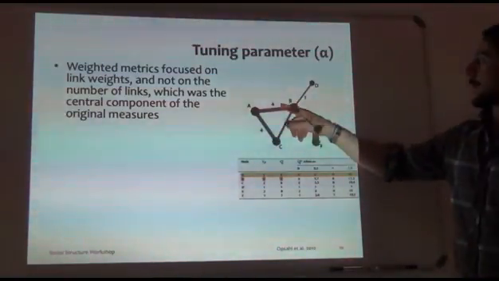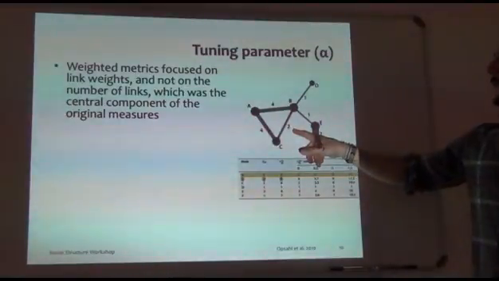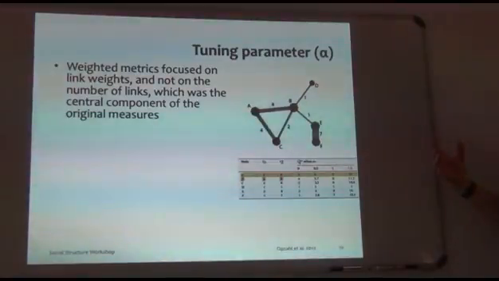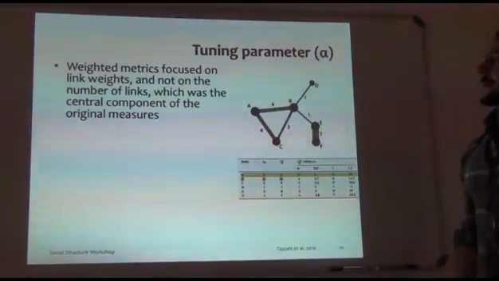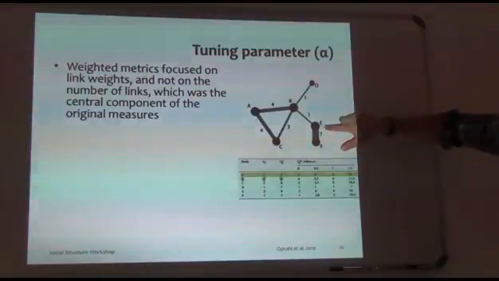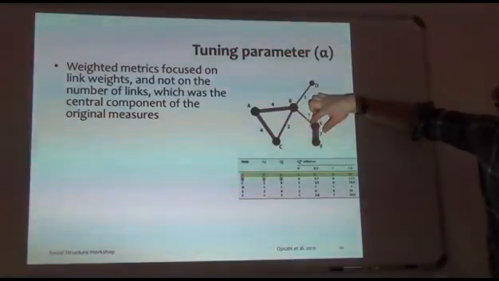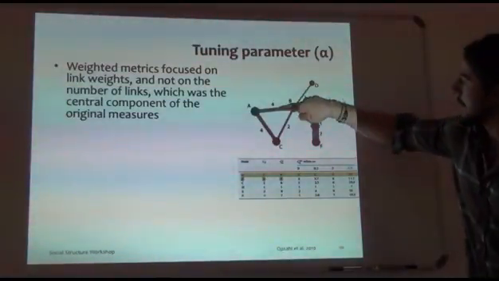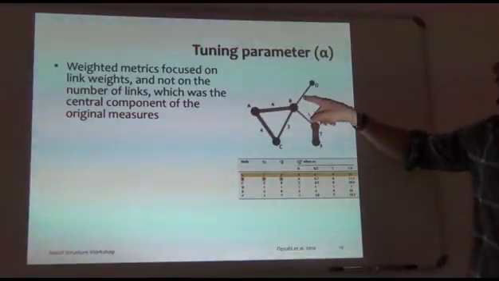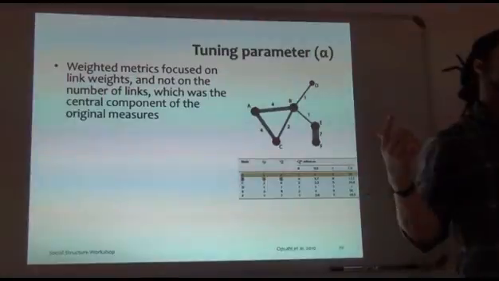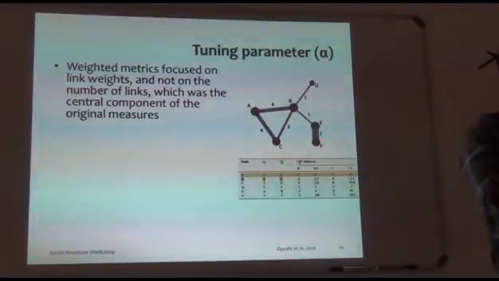When we start incorporating the weight of links, just by summing them we kind of lose the idea of the number of links they have. For example, you can have this guy with just 1 link, but the strength is super high because this connection is super strong, as opposed to this guy who has more connections, but they are weaker. So the tuning parameter gives you the opportunity to put more emphasis on the number or on the strength.